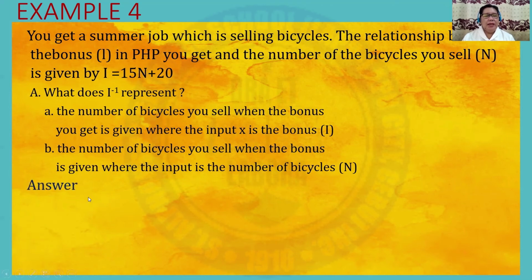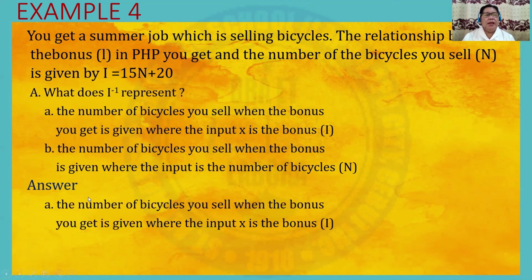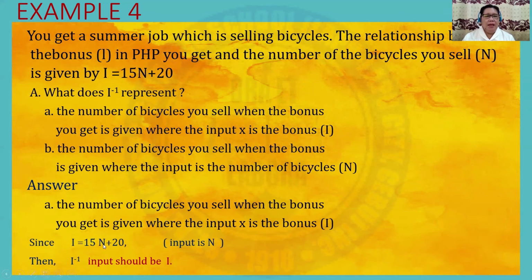And the answer is letter A. The number of bicycles you sell when the bonus you get is I, where the input X is the bonus. Since I equals 15N plus 20, the input is N, or the number of bicycles.